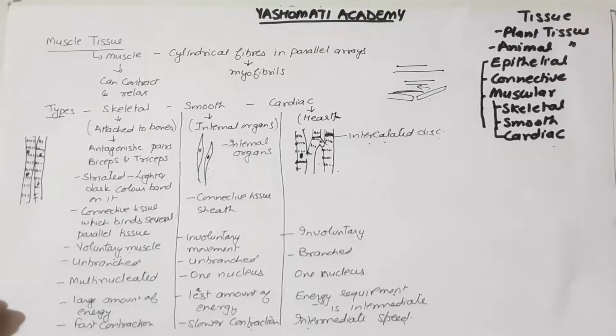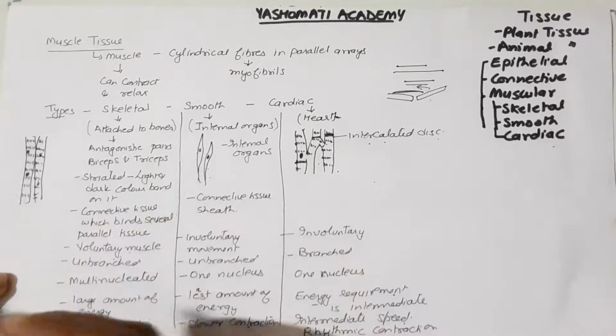Another difference is in the rhythm. Cardiac muscles have rhythmic contraction. Whereas skeletal muscles will contract when you require or when you direct them to contract. So that means this type of contraction is as per the will.